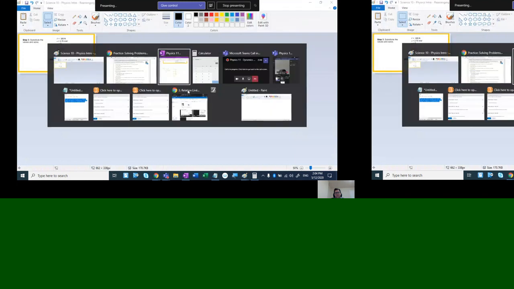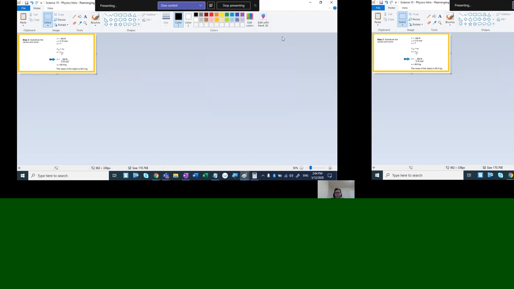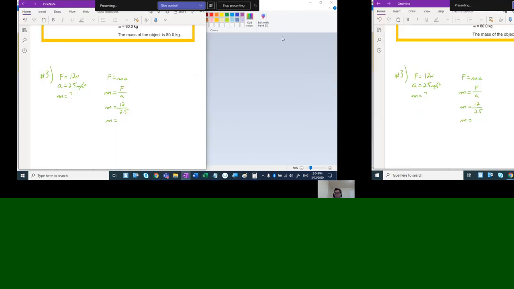Calculator. 12 divided by 2.5 is 4.8 kilograms. Final answer. See, this is not hard to find the answer. You don't need to box it because there's one mathematical statement.